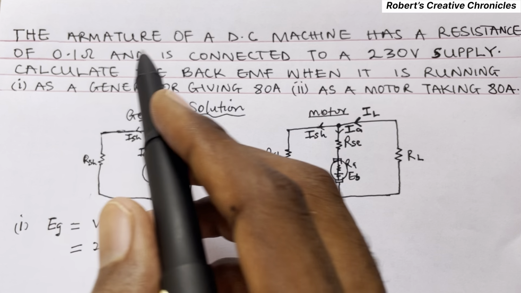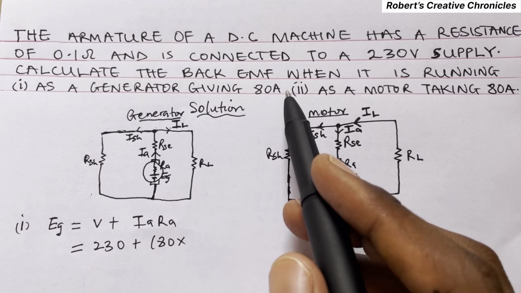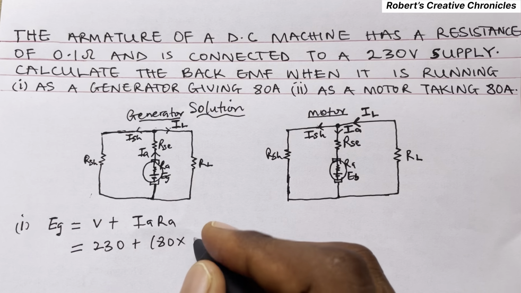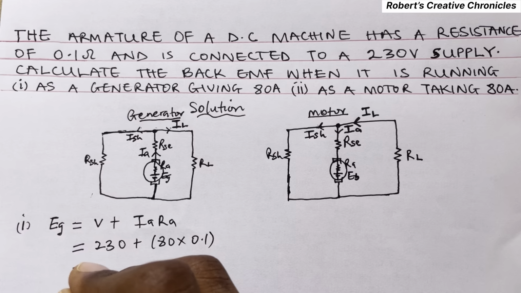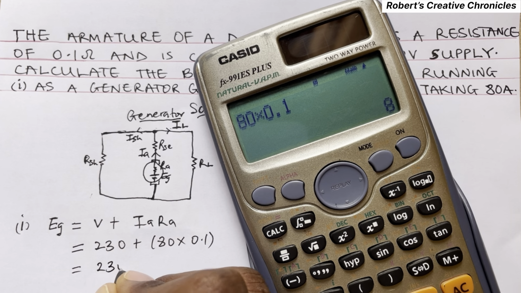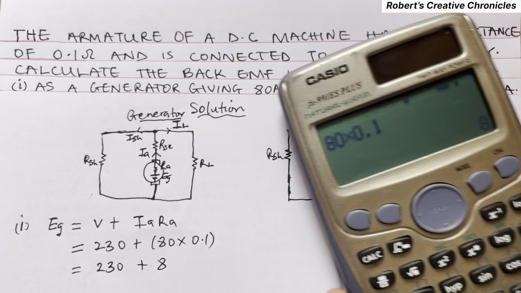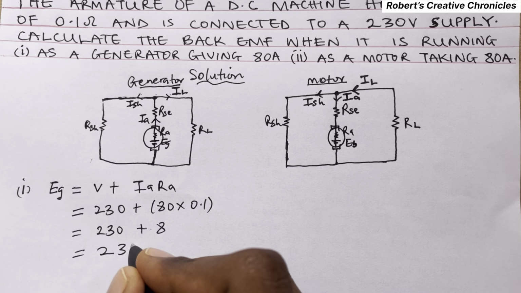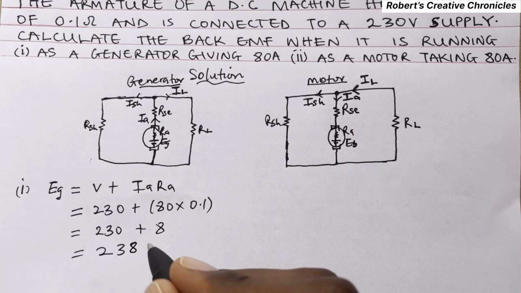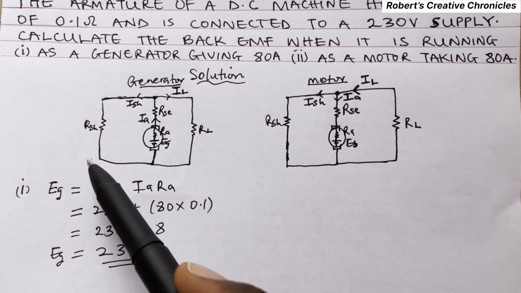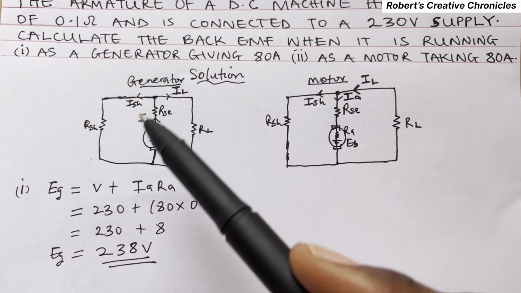IA is the armature current and RA is the armature resistance, which is 0.1. That is 8. So this is 238 volts. This is the EMF generated when it is running as a generator giving 80 ampere.